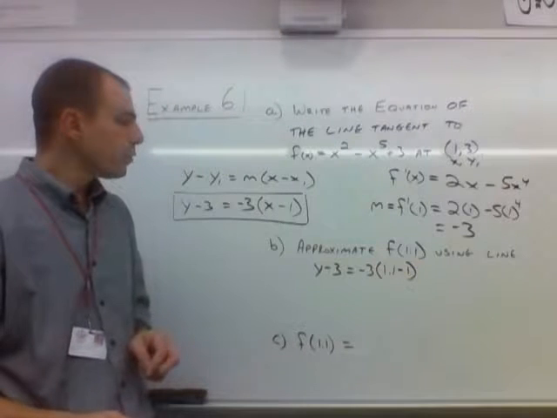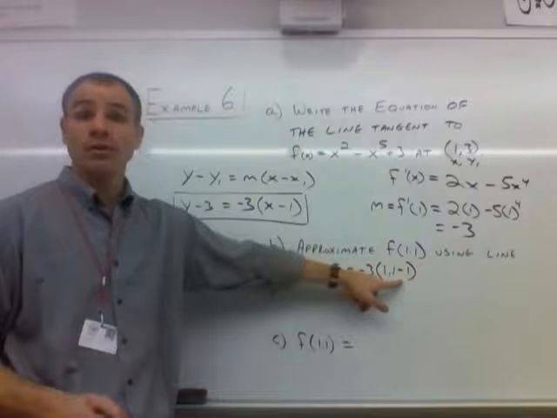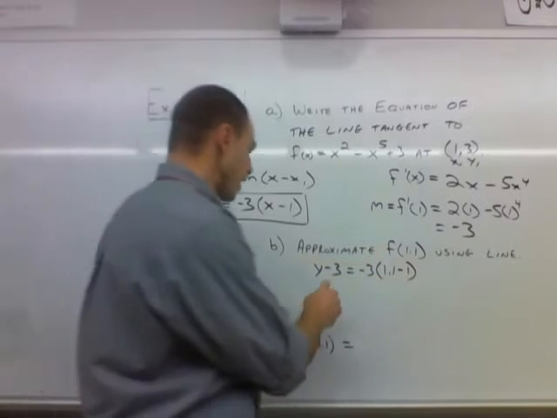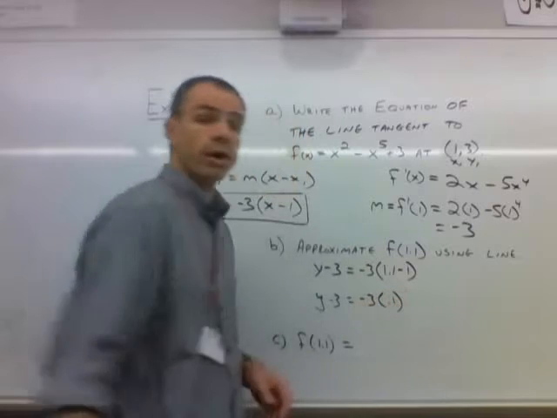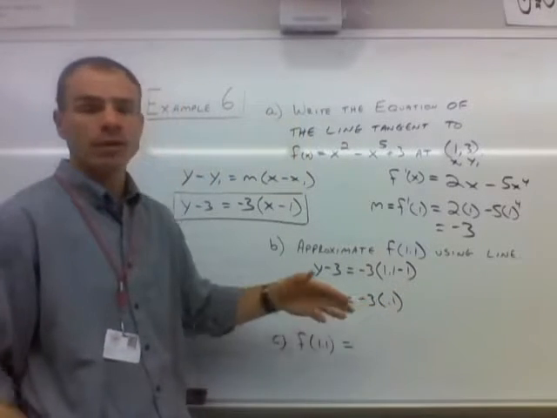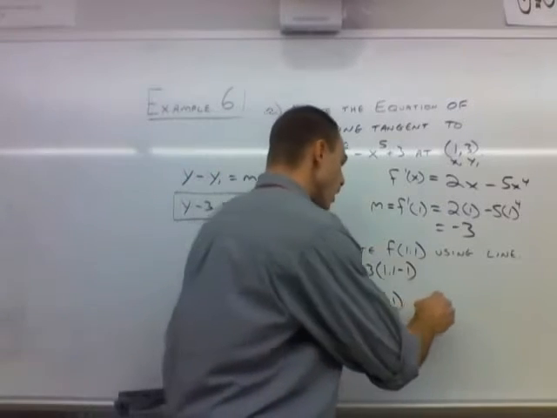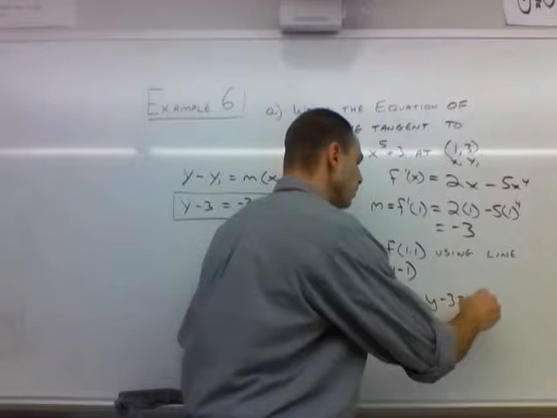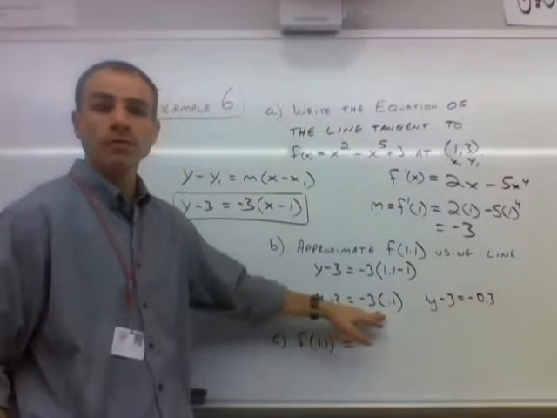Okay, 1.1 minus 1, 1 and a tenth minus 1 is just going to be a tenth. All right, so we have y minus 3 equals negative 3 times 0.1. 0.1 times negative 3, well, that just moves the decimal over, so we just get negative 0.3.